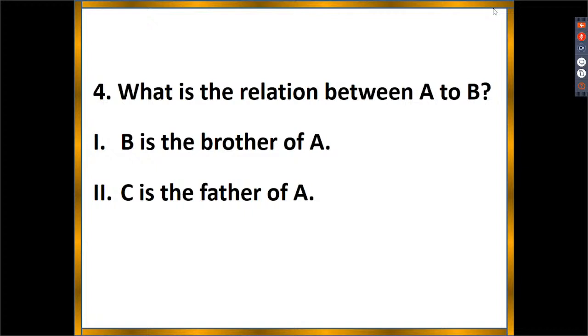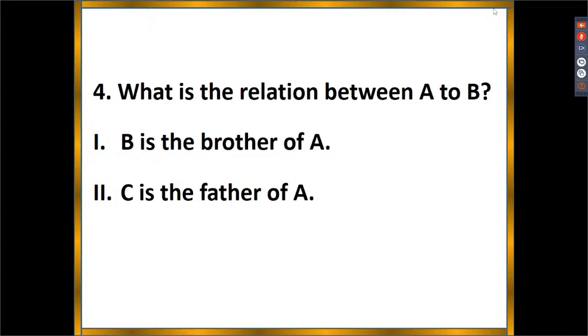In our class, both male and female are there. Without knowing the gender, how can you say that you are the sister or the brother for me? We can't say. So statement 1 alone is not sufficient.